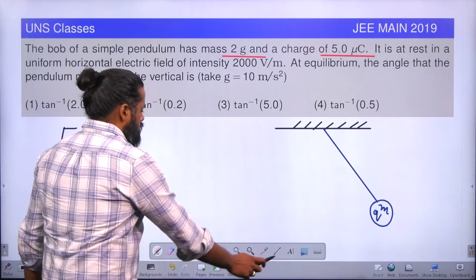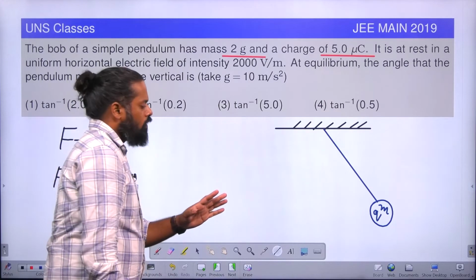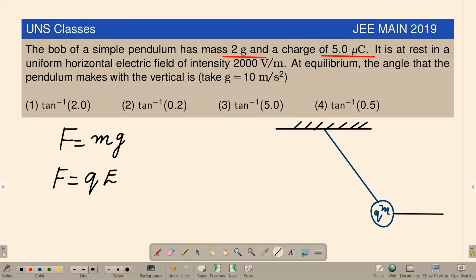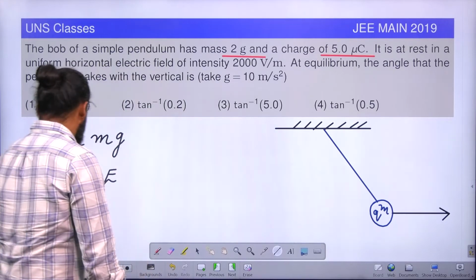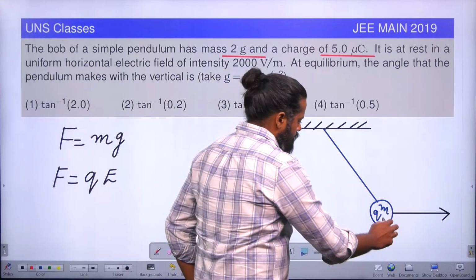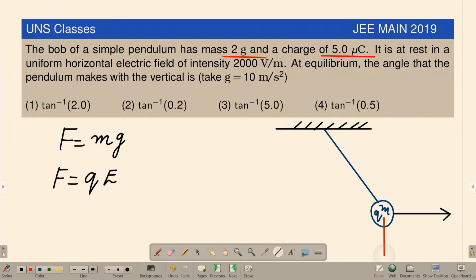So at equilibrium, there will be some force acting in this direction, because of the electrostatic force. Now, in the downward direction there will be the gravitational force acting, and there will be tension acting on the string.